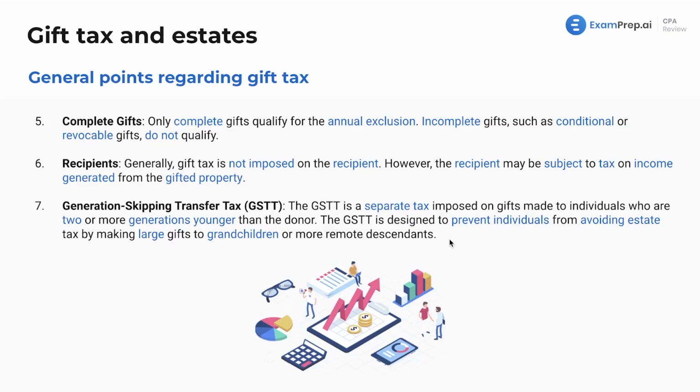So it goes from generation A to B to C to D. You can't just from grandparents give money to the grandchildren and avoid tax. No, the IRS wants to see taxation at every level, at the grandparents, the parents, the kids of those kids, et cetera, and on and on.